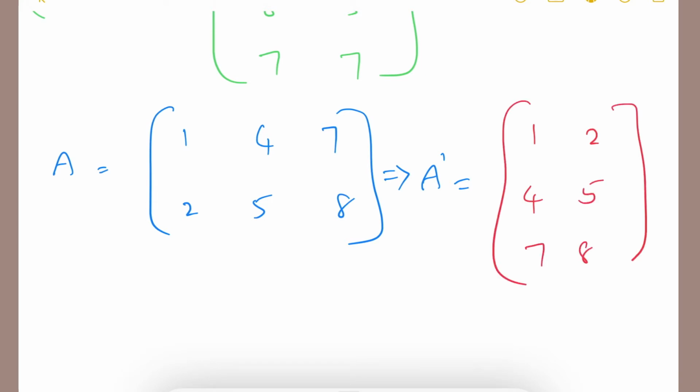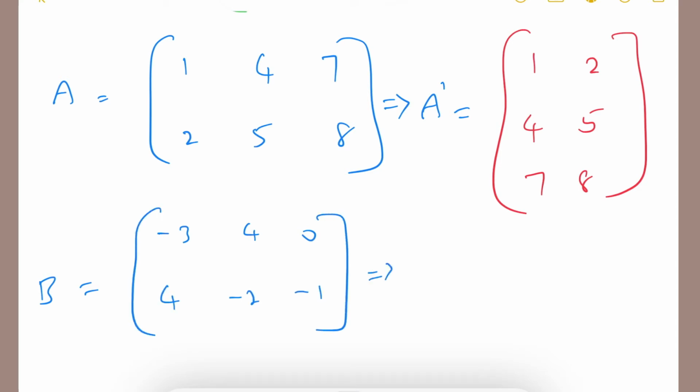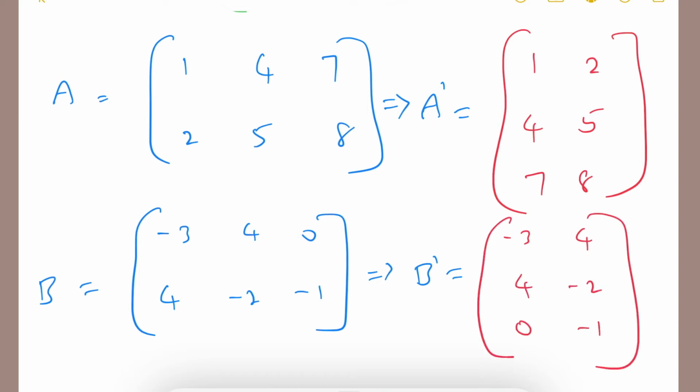This is A transpose. The same way, let me write B. Matrix B is [-3 4 0; 4 -2 -1]. For this matrix B, let us write B transpose: [-3 4; 4 -2; 0 -1]. This is B transpose.